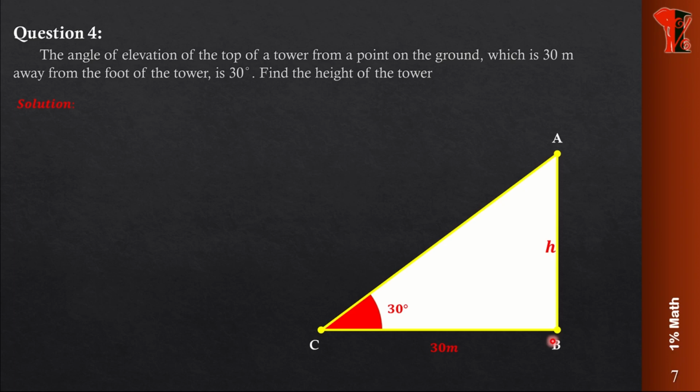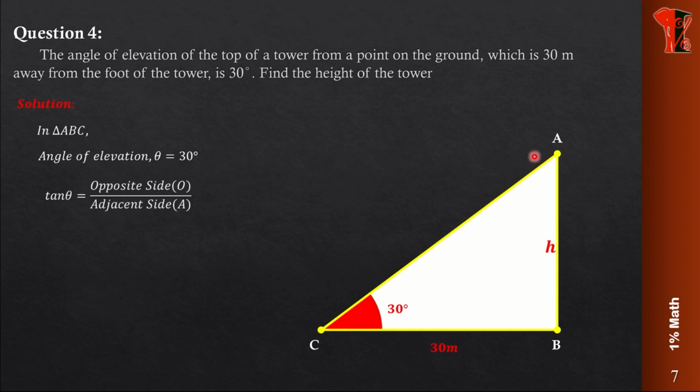So calculation goes like this. So in triangle ABC, elevation is 30. We are going to use tan theta because the opposite side we have to find and the adjacent side we know, correct? So it becomes tan 30 value we know, h is equal to 30 by root 3. Now we are going to rationalize. So we know how to rationalize now. We are going to multiply root 3 to the numerator and the denominator.